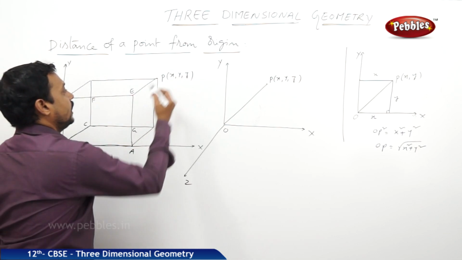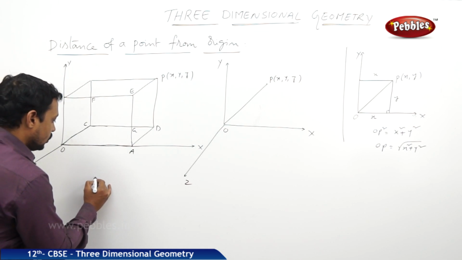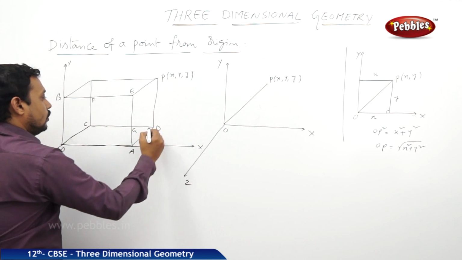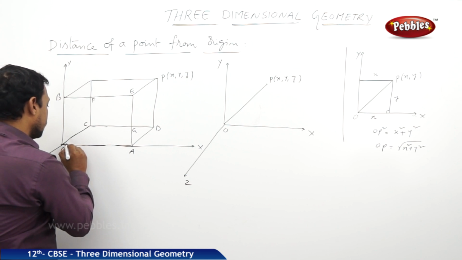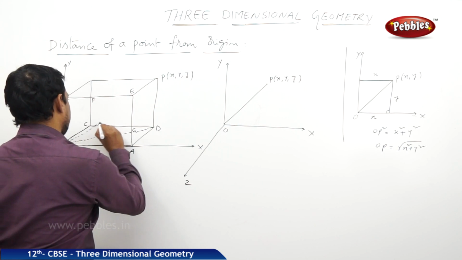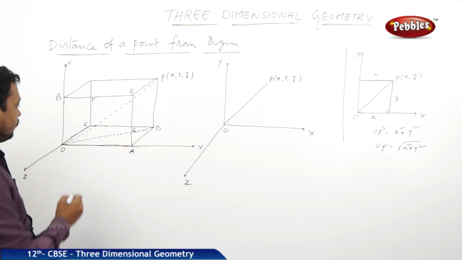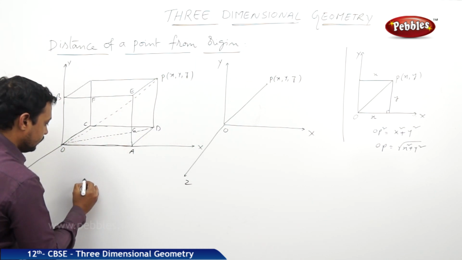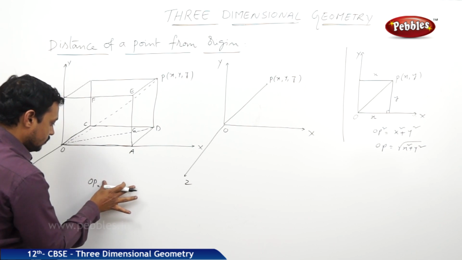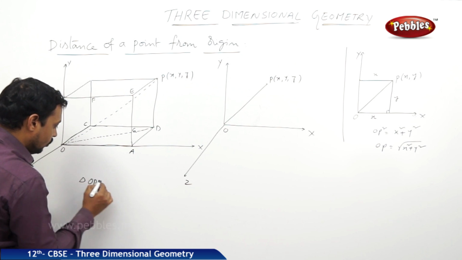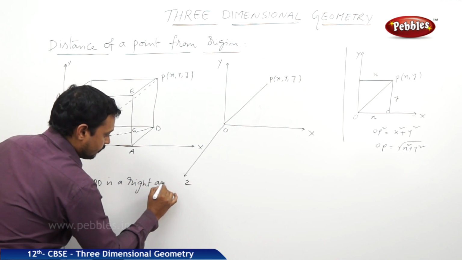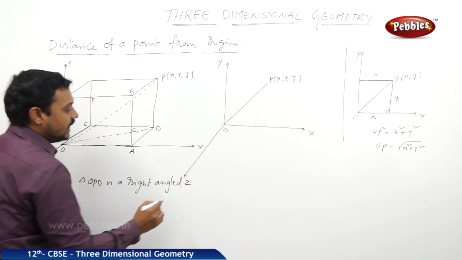Now, we are going to find the distance from O to P. Here, a right angle triangle is formed. See, O, P, D. From this diagram, the triangle OPD is a right angle triangle.